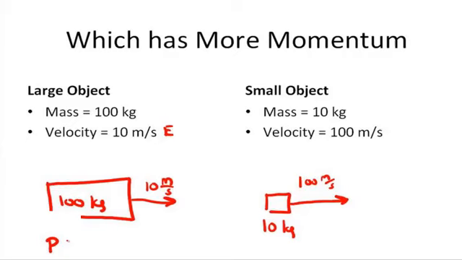Though the velocity is less, the mass is more, so the momentum will be 1000 kg meter per second. Though the smaller object has more velocity, the momentum remains the same. So both have the same momentum.